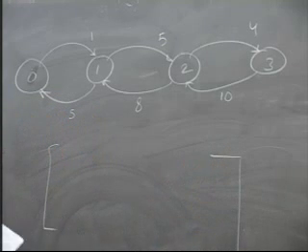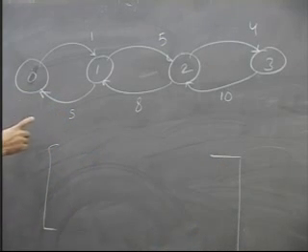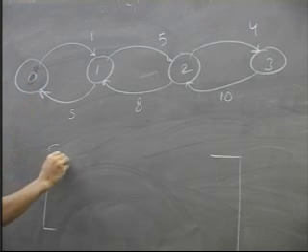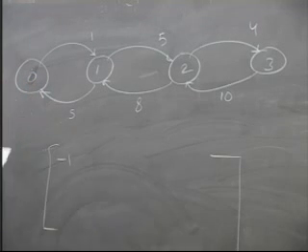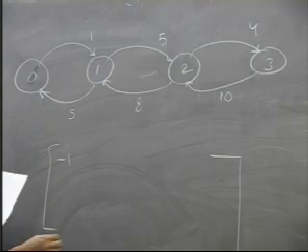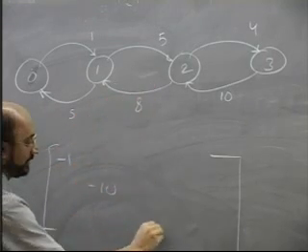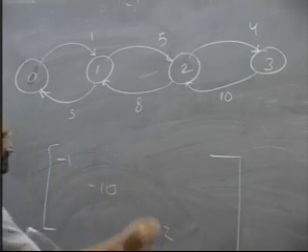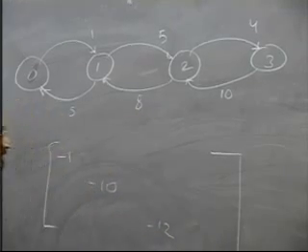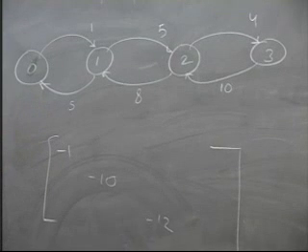So the 0th element is what's leaving state 0. Well, that's minus 1. What's leaving state 1 is minus 10. What's leaving state 2 is 8 plus 4, minus 12. And what's leaving state 3 is minus 10. So we get the diagonals like that.